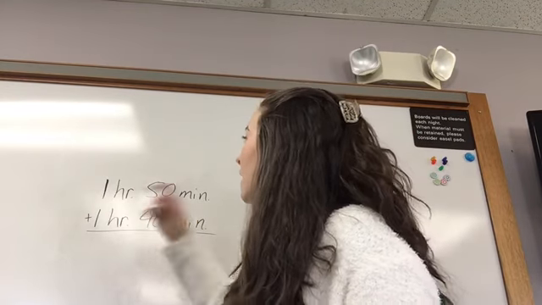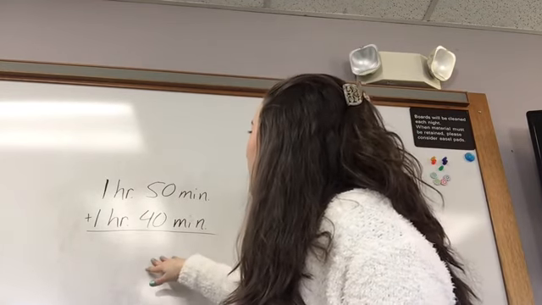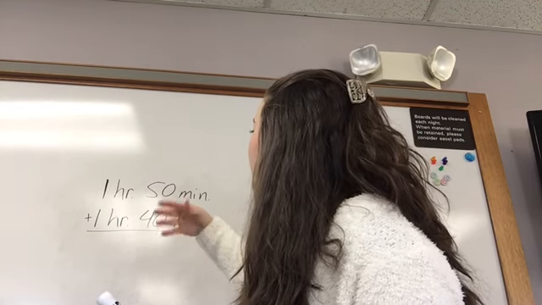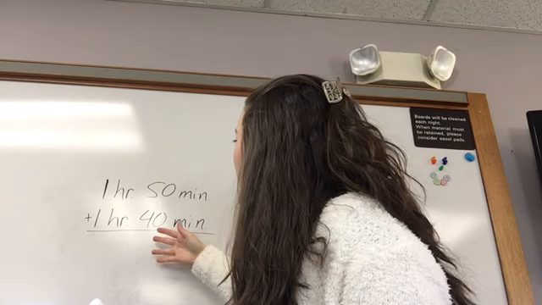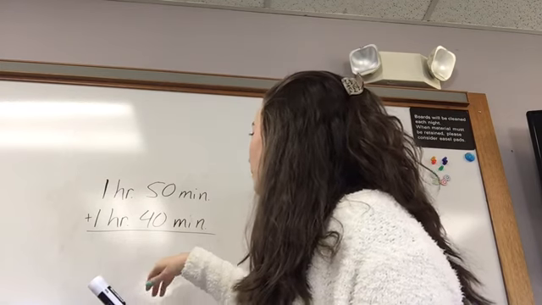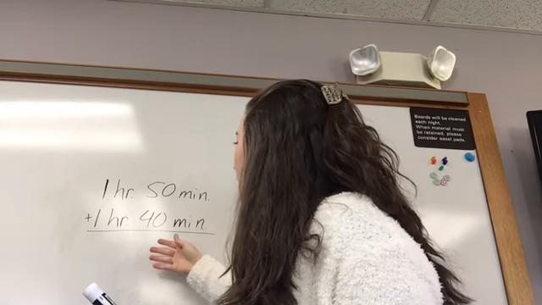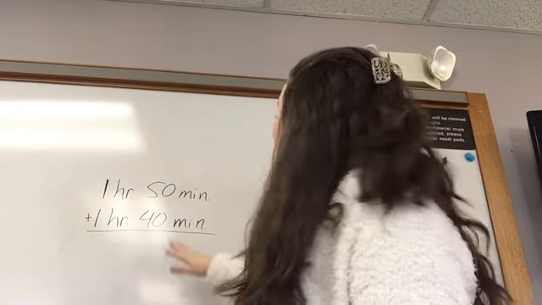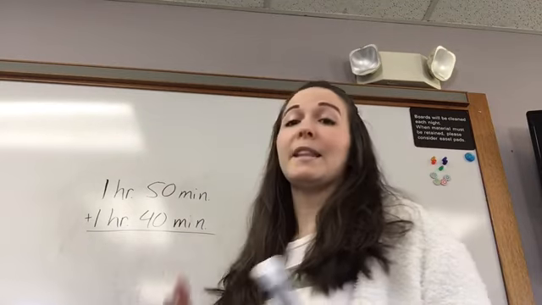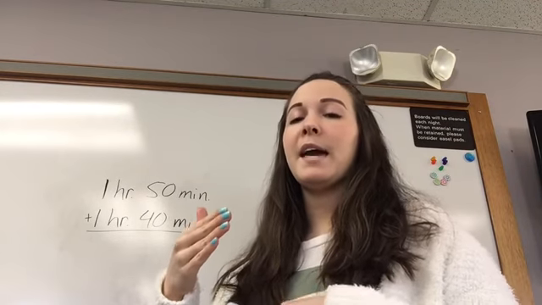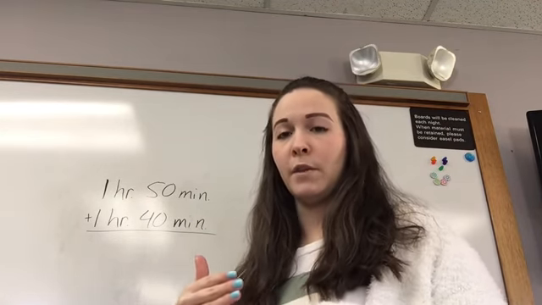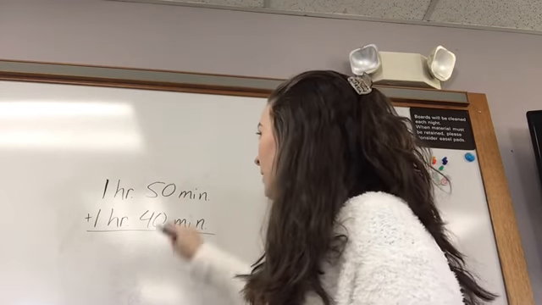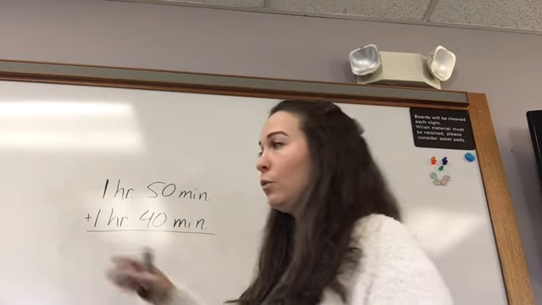So we couldn't add, say, 40 minutes to, let's throw it out there, 50 seconds. Now we could say 40 minutes and 50 seconds, but we can't combine the numbers of the units, if that makes sense. So adding together our minutes first, always start with the smaller measurement, then go to your larger one.